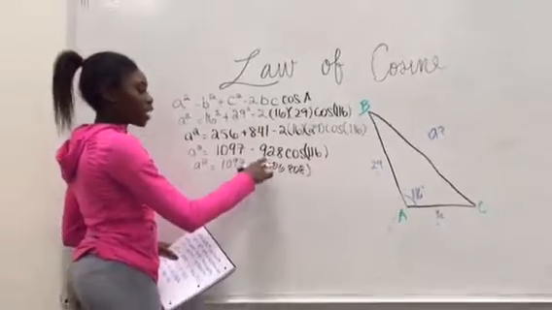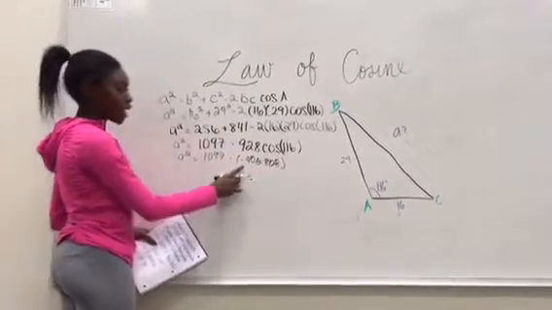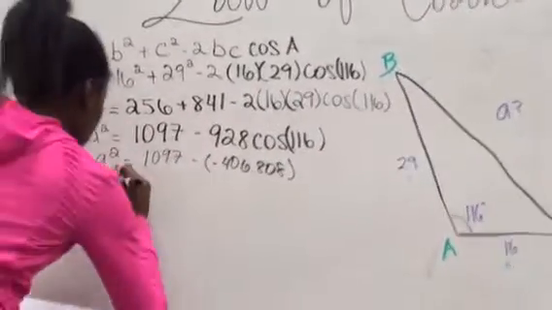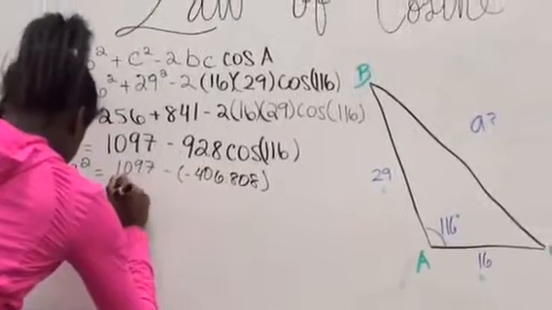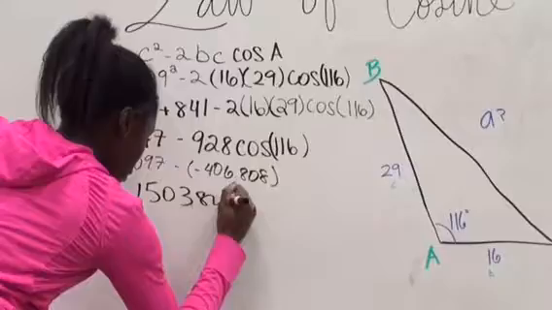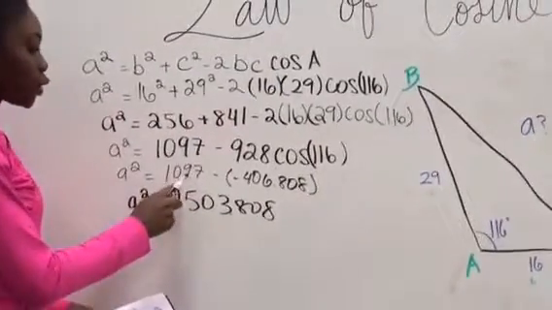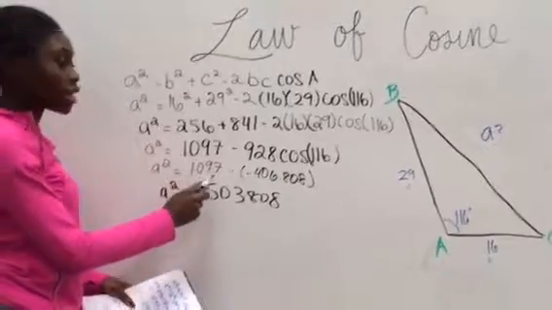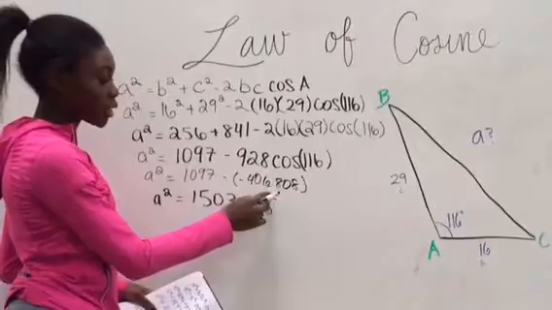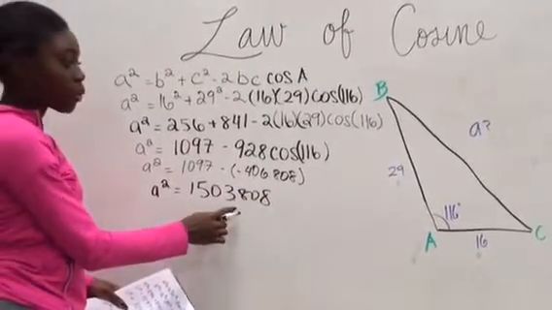You then multiply 928 times the cosine of 116 to get negative 406.808. And you add 1,097 plus negative 406.808 to get 1,503.808.